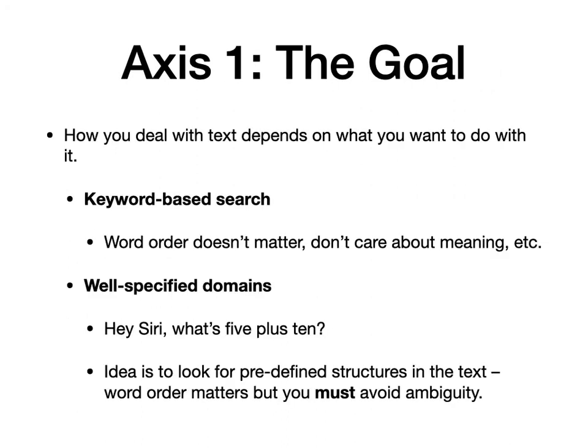So on axis one, the goal, right? How you deal with text is going to depend on what you want to do with it, right? You're not necessarily trying to make a system that can read text and just generally know exactly what it should say on the other end, right? For example, keyword-based search, right?